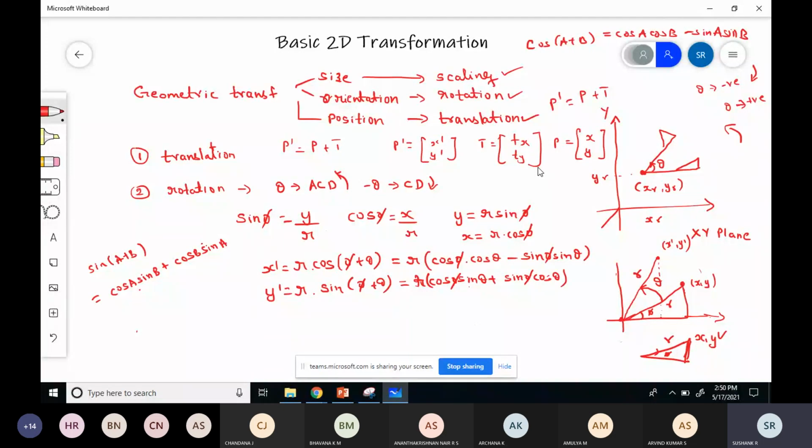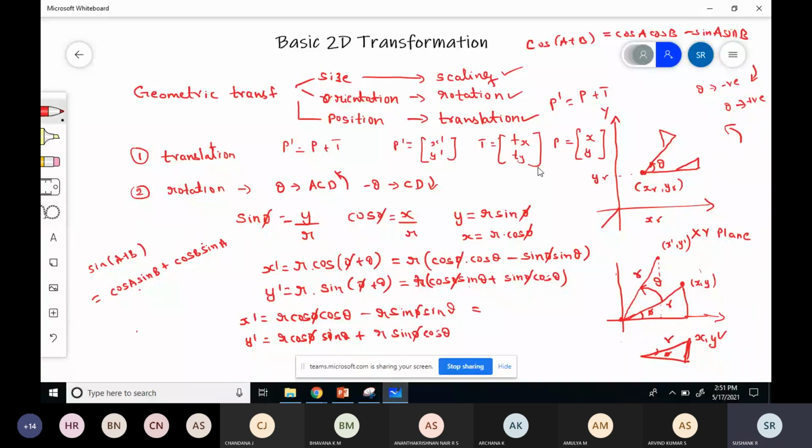This is a formula. So now x dash is equal to r into cos phi cos theta, I'm just simplifying, minus r into sin phi sin theta. Then y dash is equal to r into cos phi sin theta plus r into sin phi cos theta.